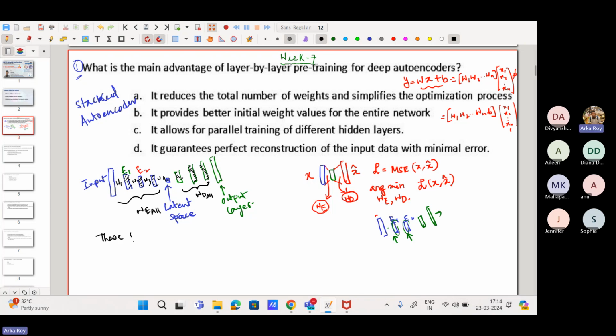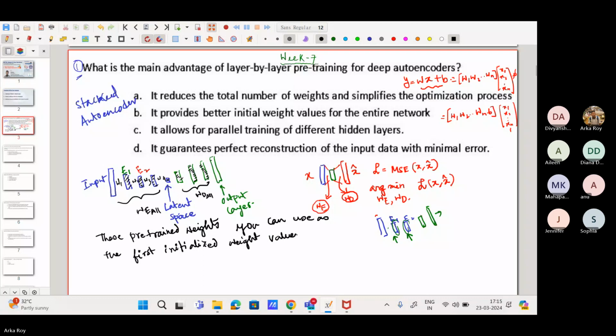So these pre-trained weights you can use as the first initialized weight values rather than initializing them using a rand function.